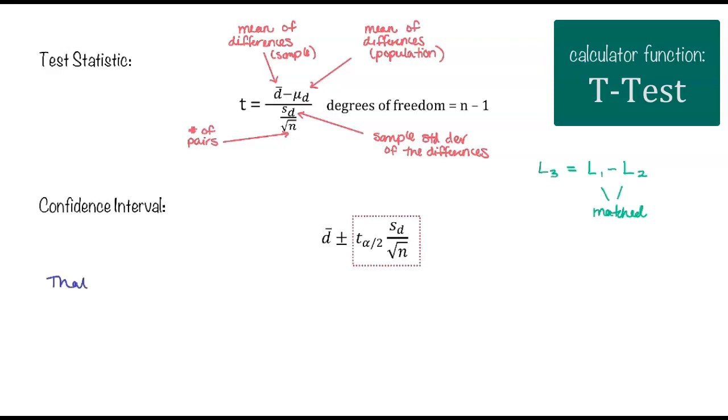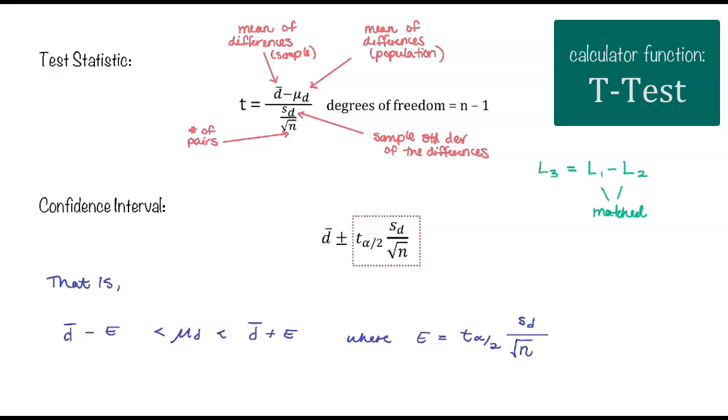That is, we believe that mu sub D, the mean value of the differences for the population of all matched pairs of data, is between our best point estimate, D bar minus E, and D bar plus E, where E, the margin of error, is equal to t sub alpha over 2 times the standard deviation of the differences for the paired sample data over the square root of the number of pairs.